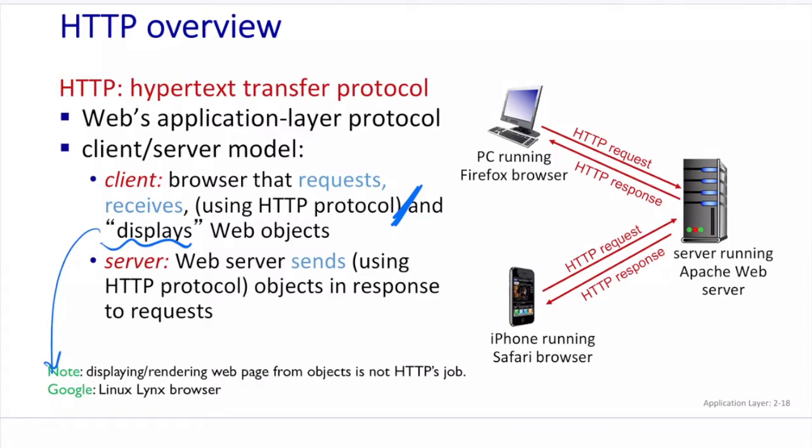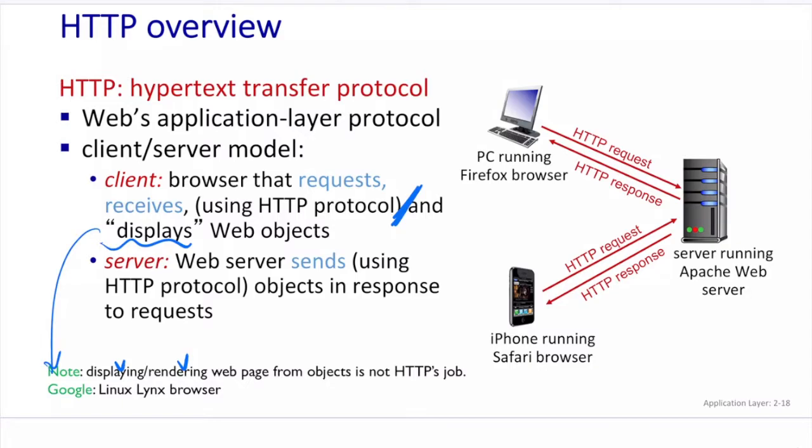HTTP only defines the format, the actions, the syntax, the semantics when they transfer the message between client and server. After the client receives those objects, for example, those images, those files, those MP3 files, and does rendering or displaying, that is not HTTP's job.